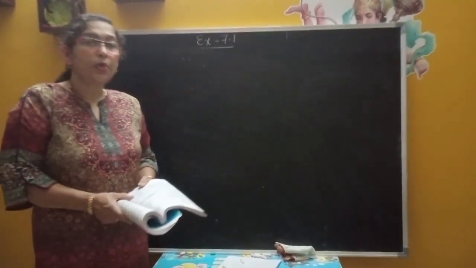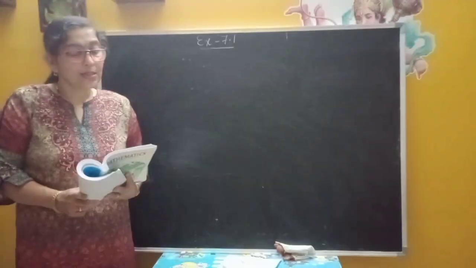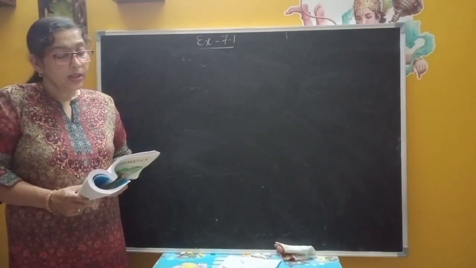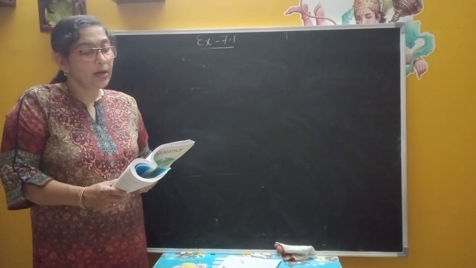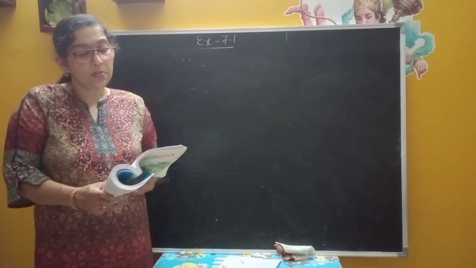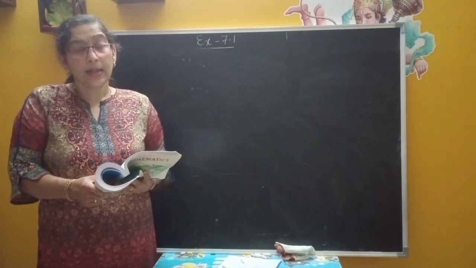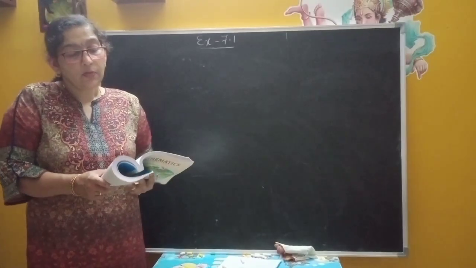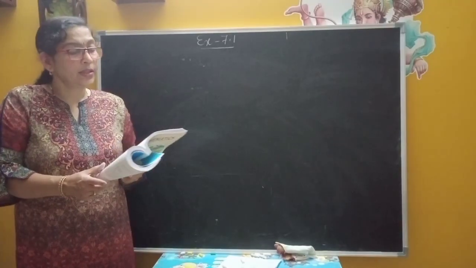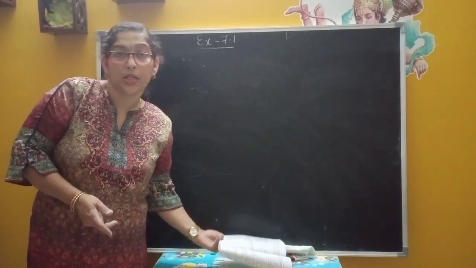Now let us go with one more important problem in this exercise, that is the 9th problem. If Q(0, 1) is equidistant from P(5, minus 3) and R(x, 6), find the value of x, also find the distances QR and PR.